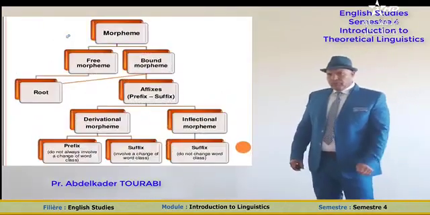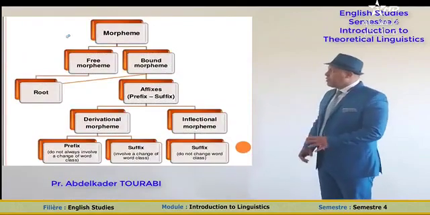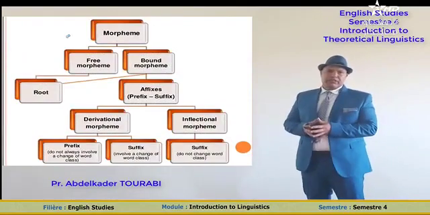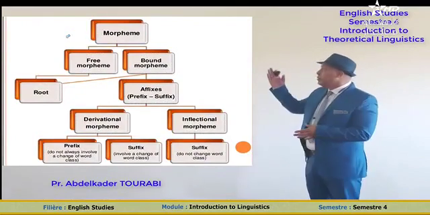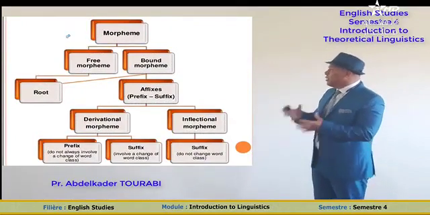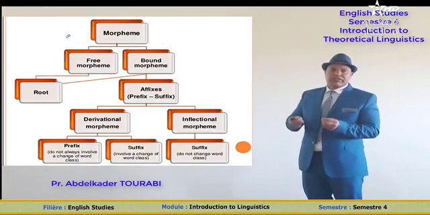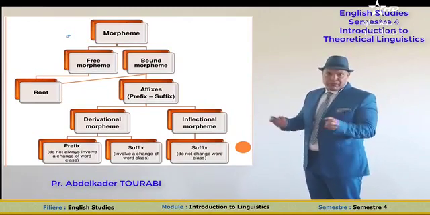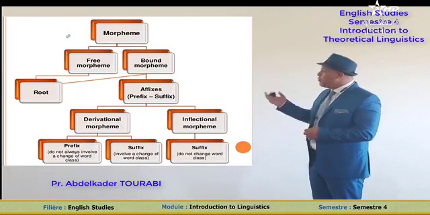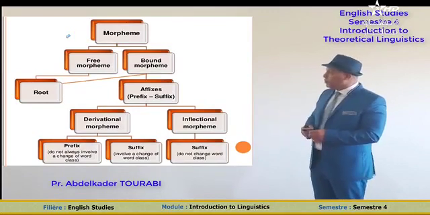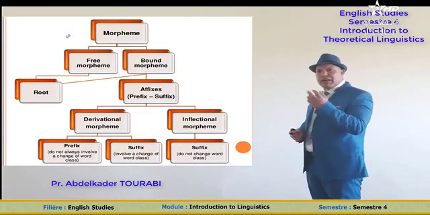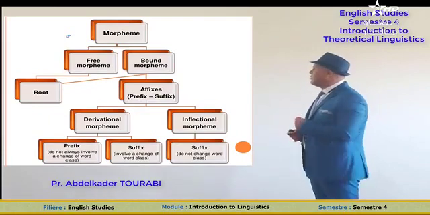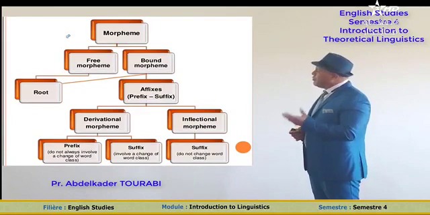If we look at this chart, it summarizes all we have dealt with in morphology. So what is a morpheme? A morpheme is the minimal meaningful or grammatical unit that can no longer be divided. Morphemes can be free morphemes, which can stand by themselves, or bound morphemes, which cannot.